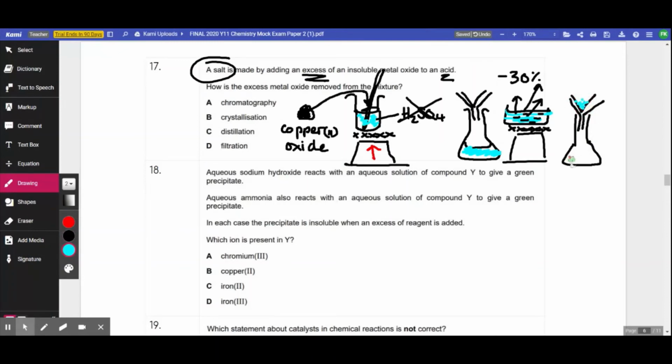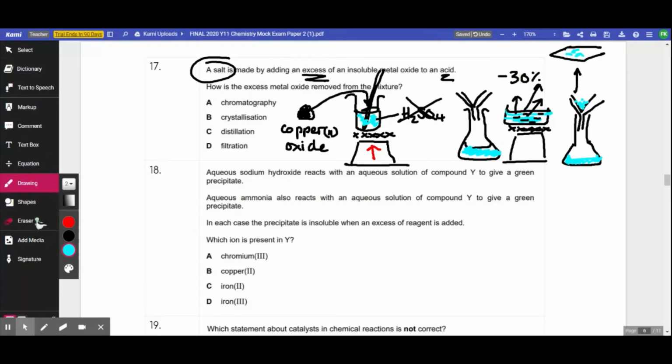It can be patted dry using a paper towel, and you can then obtain your dry crystals of copper sulfate. So pat it dry inside a paper towel and you're fine. Now, that's pretty much it for that experiment.